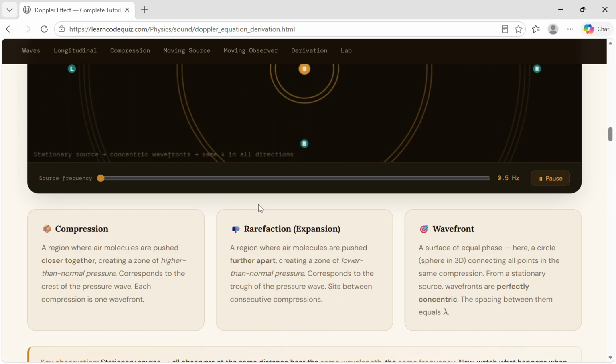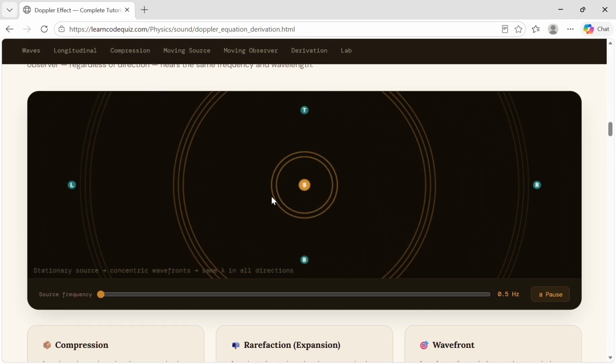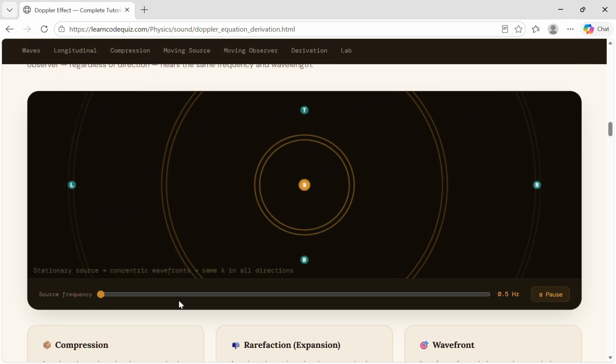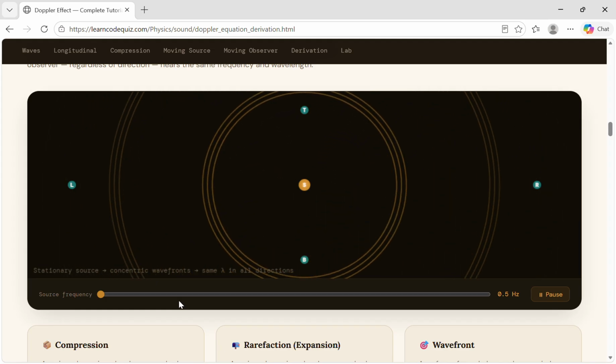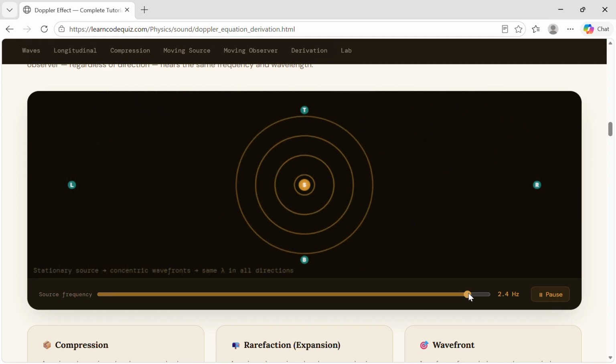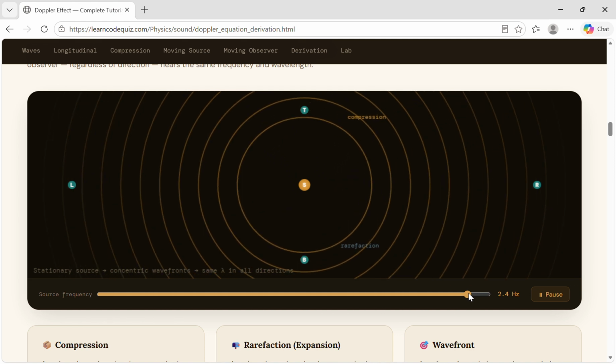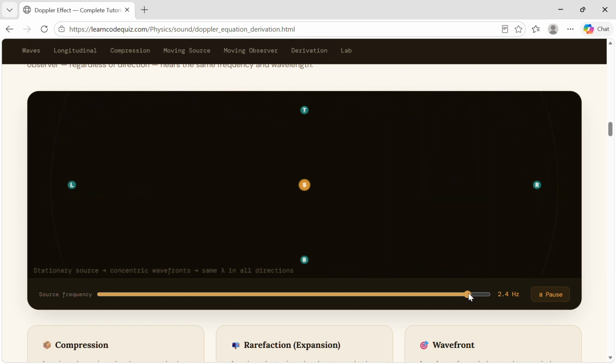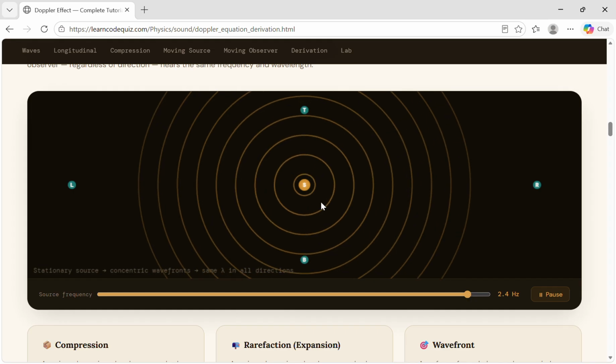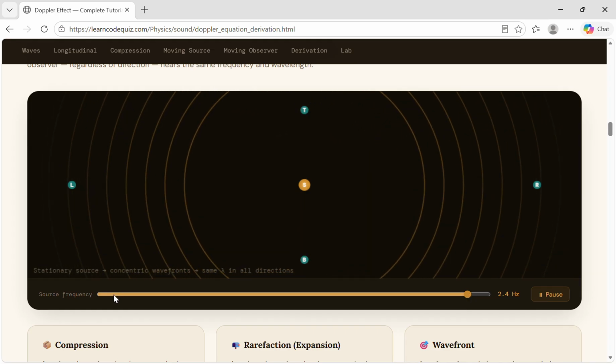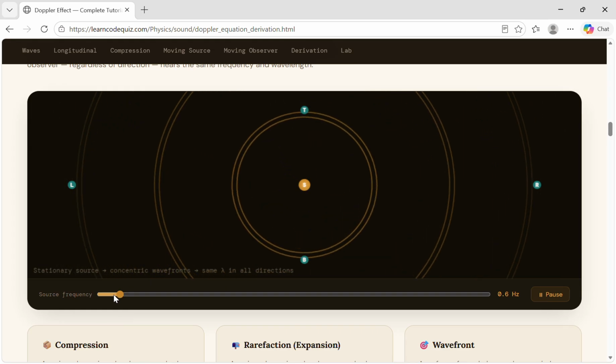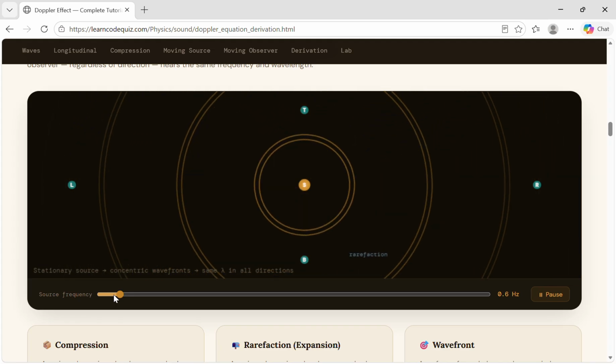Now, if you change the source frequency here, let's see what happens. Higher frequency means more waves per second, right? So if you make it higher, you see more waves per second. See here. And now if you change this to a very low frequency, there are fewer waves per second.